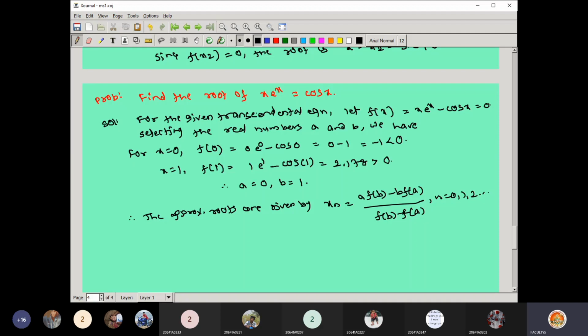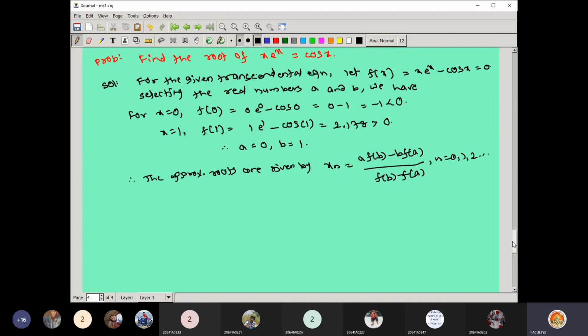Now directly you go for the first value, n equal to 0. So x naught: a means already 0 into f of b (1) minus b (1) into f of a (0), divided by f of 1 minus f of 0.